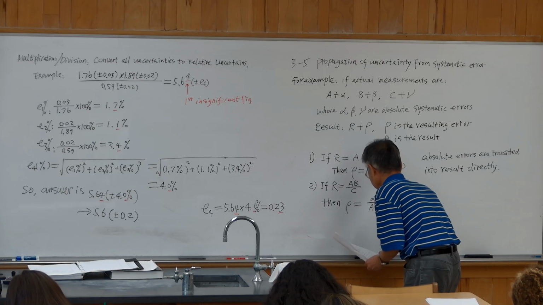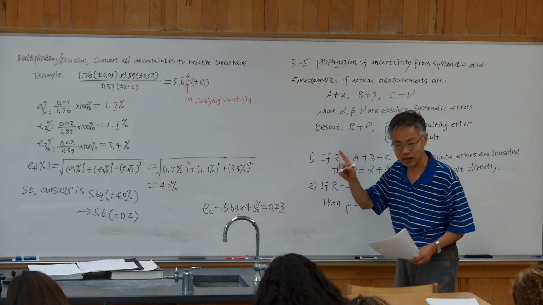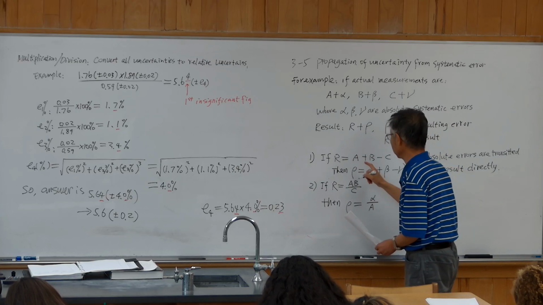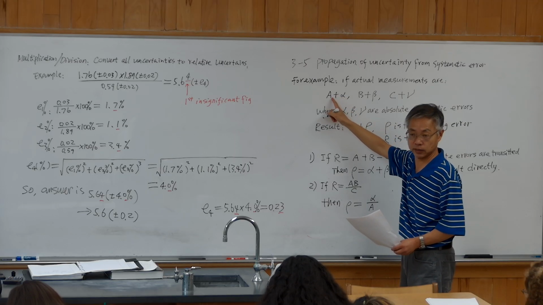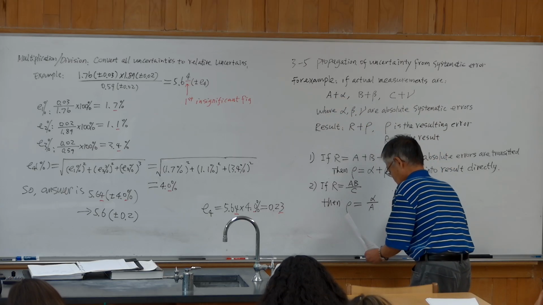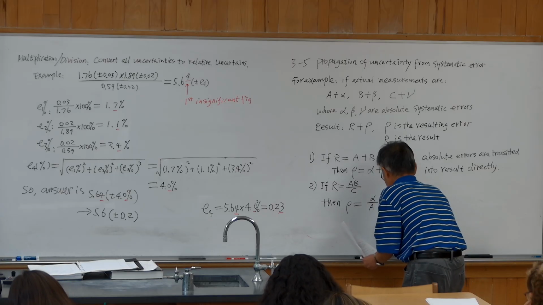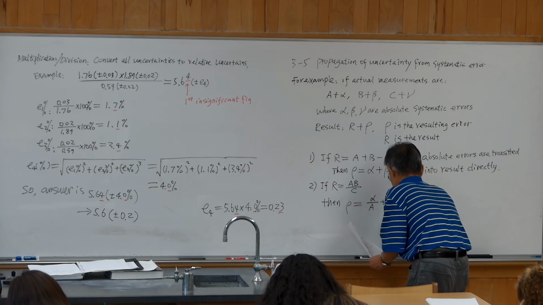Alpha divided by A: alpha, the error, divided by the value becomes a relative error. Alpha is the error from A, so alpha divided by A is a relative error. Then if multiplication, the error is plus. So beta divided by B.